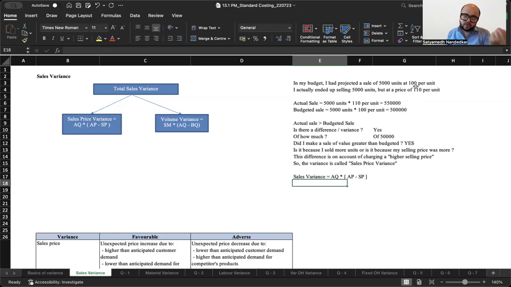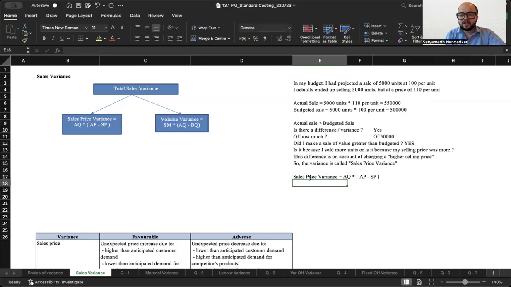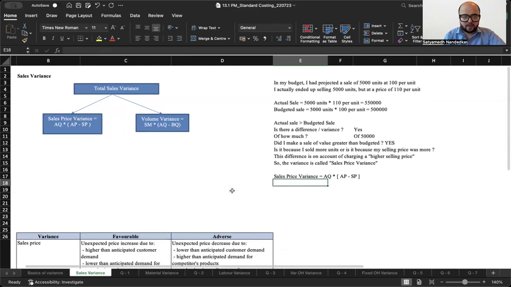The price at which you sold actually was higher than the standard selling price, and for that reason, your performance is better. Hence, the variance is favorable in nature. This is a variance on account of selling price, so I call it sales price variance: actual quantity into actual price minus standard price.